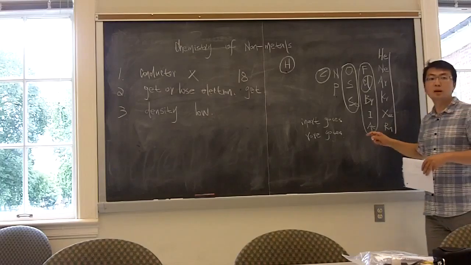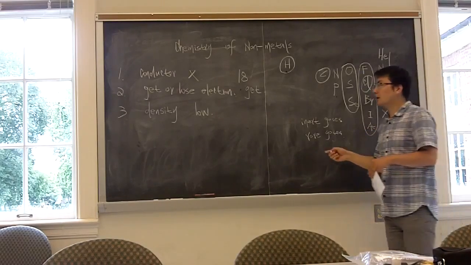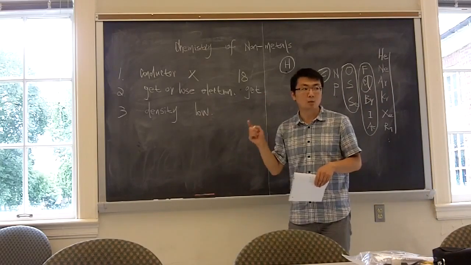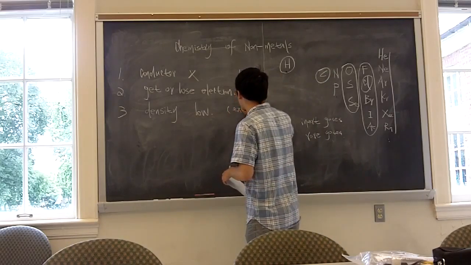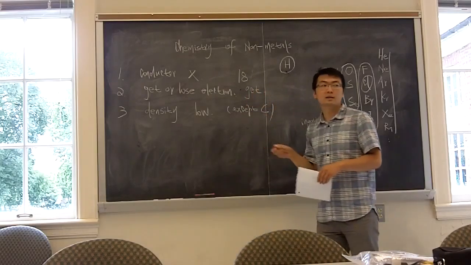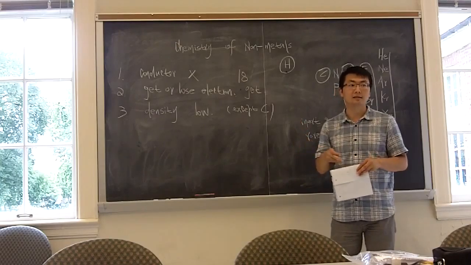And some non-metal elements are liquid. So compared to the metals, non-metal elements have quite low density. But just one is an exception: carbon. Carbon has a quite higher density.